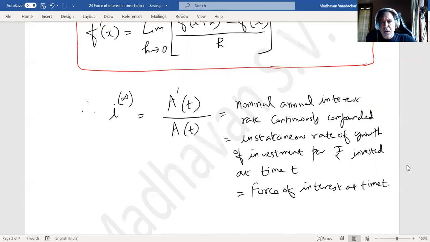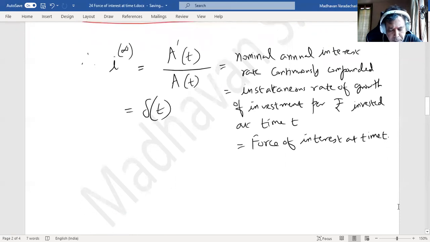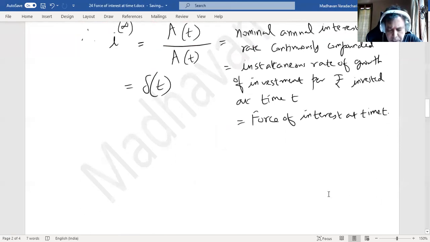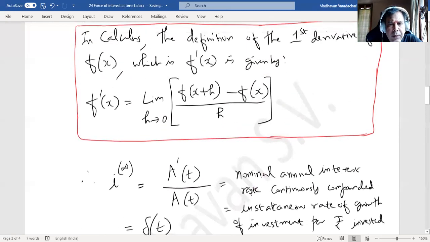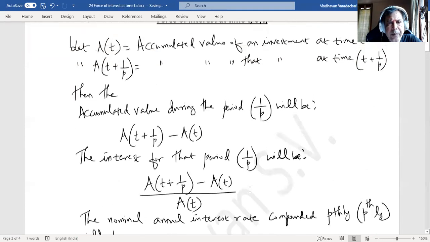That is what is about i(infinity). This i(infinity) is also called delta of t. Right? So that is about delta as a function of t.